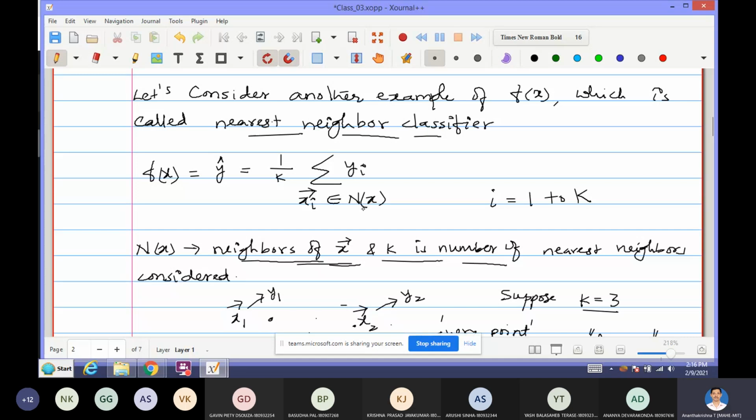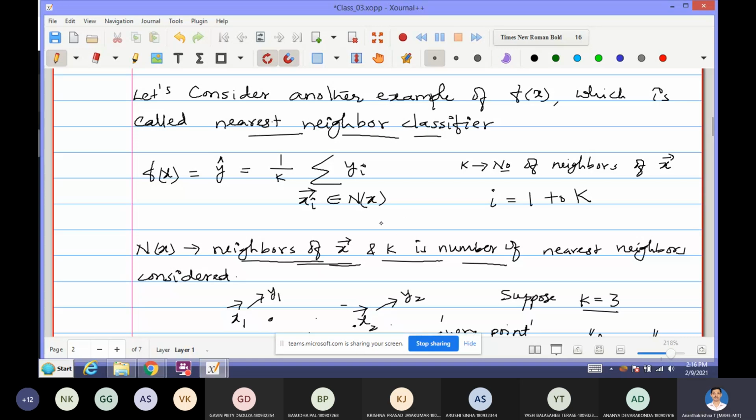So we are considering those xi's which are in the neighborhood of x, and k is the number of neighbors of x.